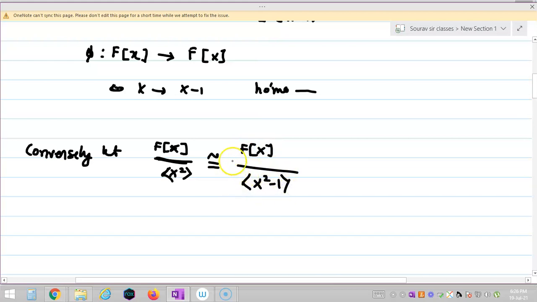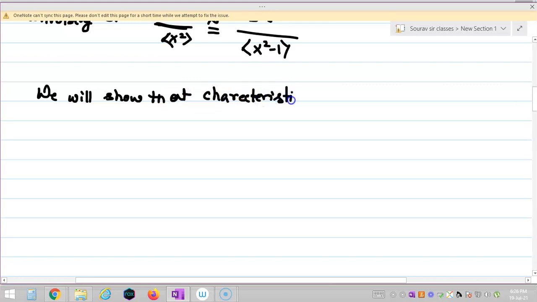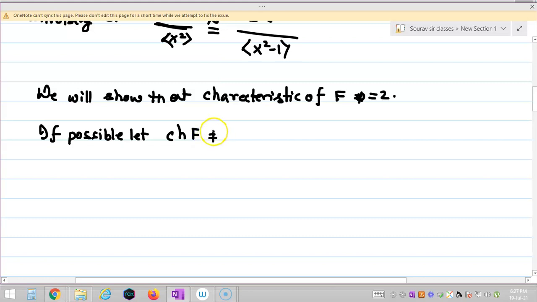These two rings are isomorphic. Now we will show that the characteristic of F is equal to 2. If possible, let the characteristic of F be not equal to 2.